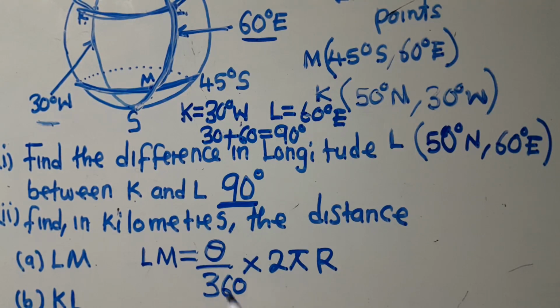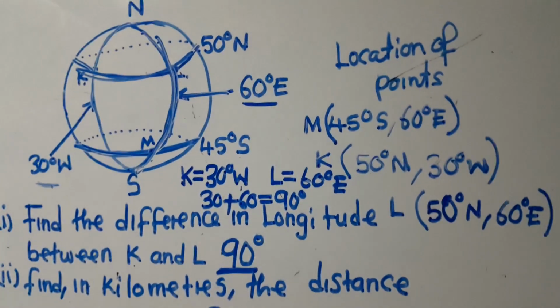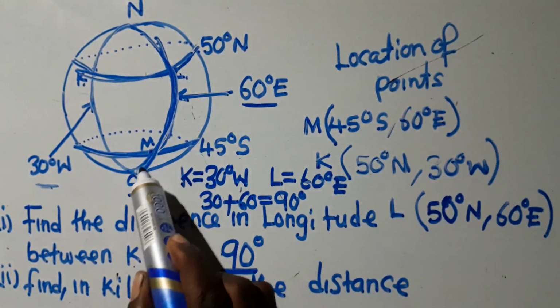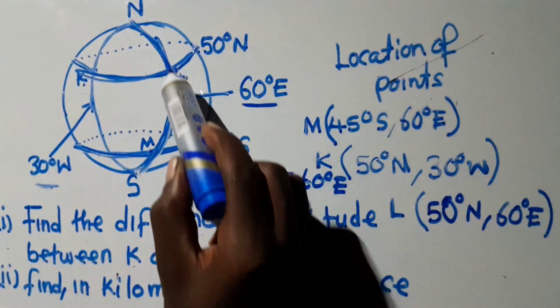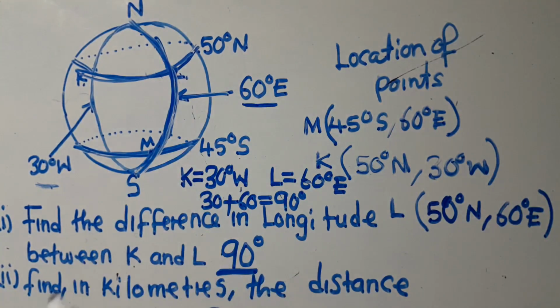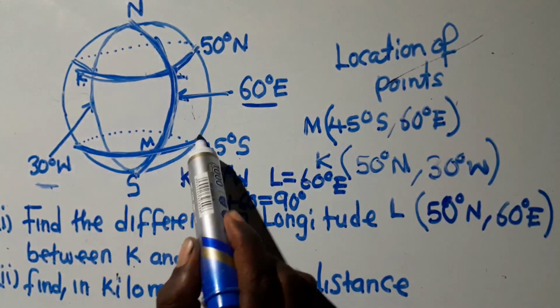So now you say, okay, as long as it is in the longitude, the theta is a difference in the latitudes. So you check in the latitude, since they are on the same longitude. Since they are on the same longitude, you find the difference in their latitudes.